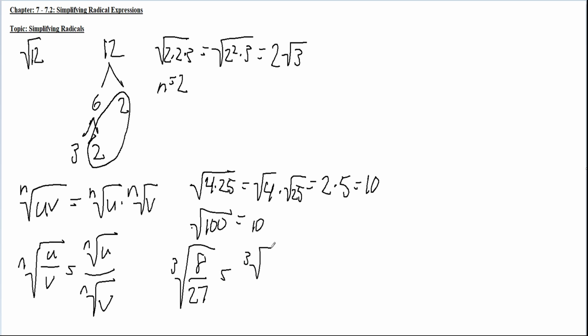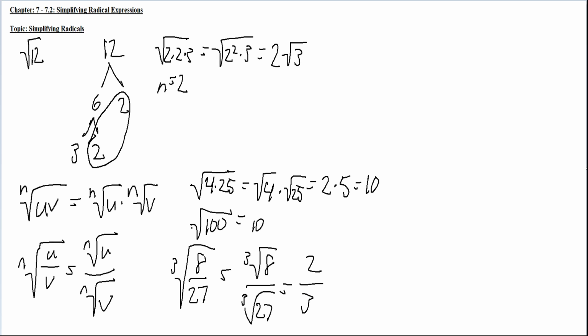I would break this apart. And the cubic root of 8 is 2, and the cubic root of 27 is 3. So that would be my final answer right there. Unlike with the previous example, we can't simplify 8 over 27 because they don't have a common factor. So I actually have to go through and use the definition to evaluate this fraction.